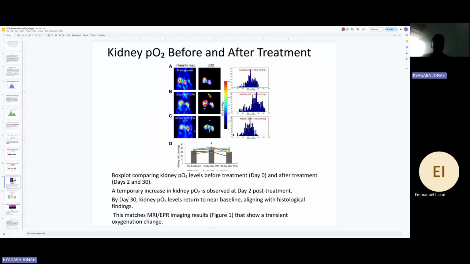At day 30, the levels return to the baseline, aligning with our histological findings, and this matches the results in our attribute data set, aligning very well to the images as can be illustrated here.